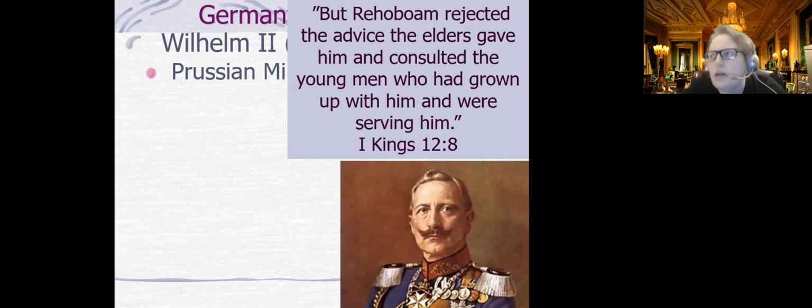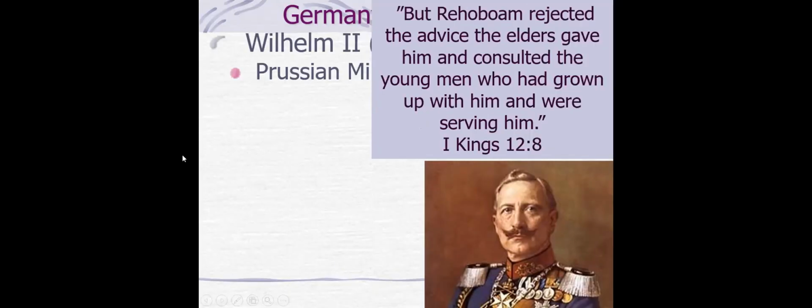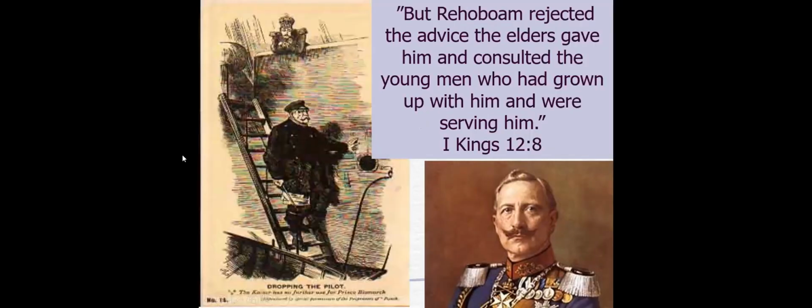William II is a lot like Rehoboam. He doesn't listen to sound advice. And he has an argument with his chancellor, the same man who created a unified Germany, Bismarck. This particular cartoon was published in the British papers. It's called Dropping the Pilot.